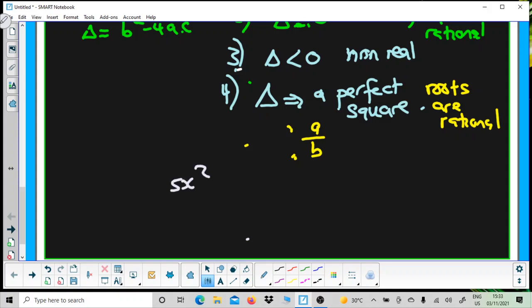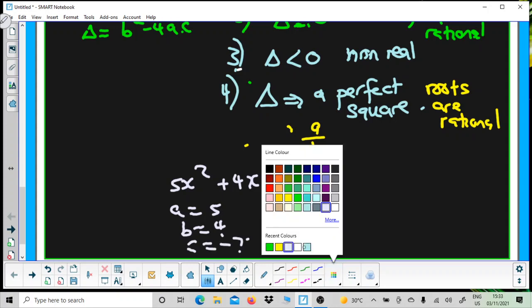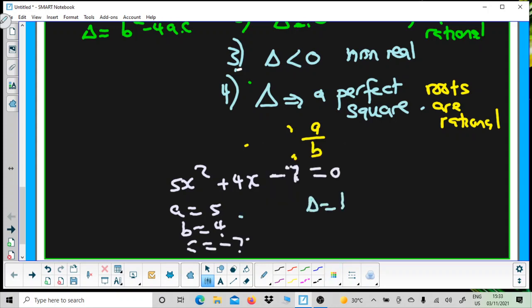So if you have something like this, I'm just thinking of numbers, really. So let's just do this and say it is equal to 0. For all we know, we do not know if this works. What is A here? And B? And C? All right, good. So what I want you to do right now is to get your discriminant. Remember, it's b squared minus 4ac. We want the value.